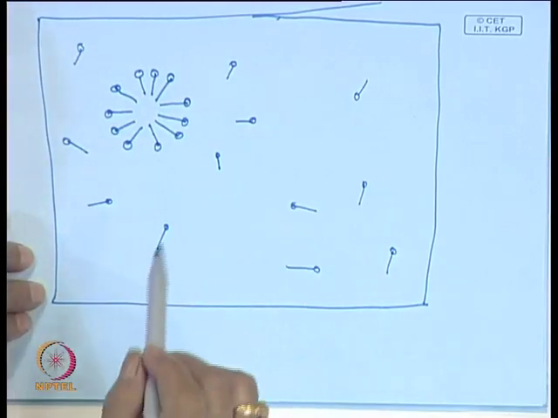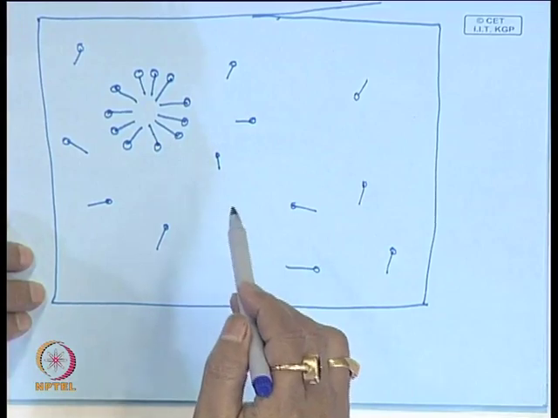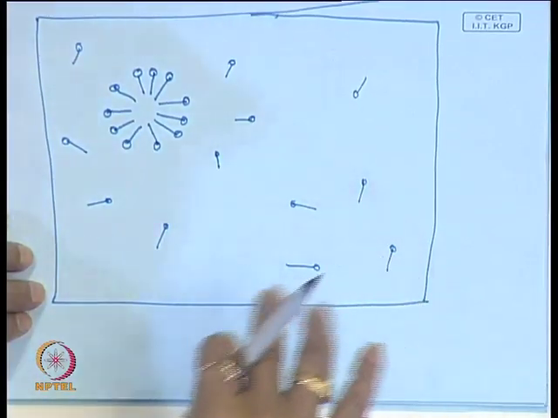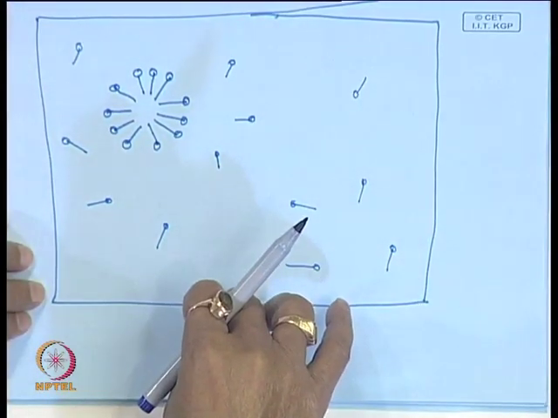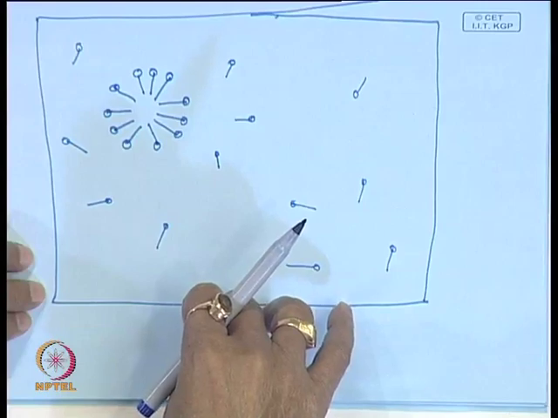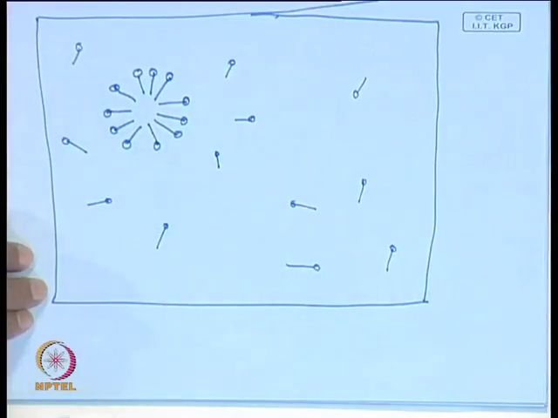And that means, if the concentration of the soap passes a critical level, then only it will form micelles. If you add a small quantity of soap, that will be dissolved like this.